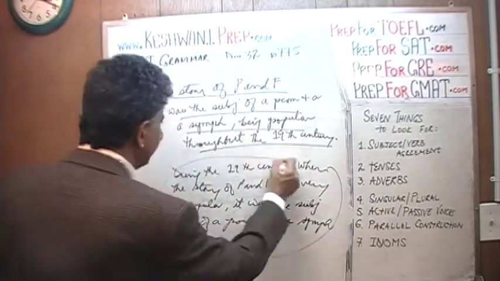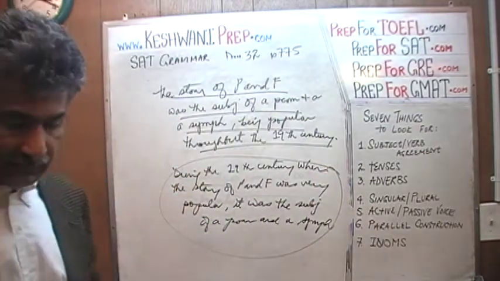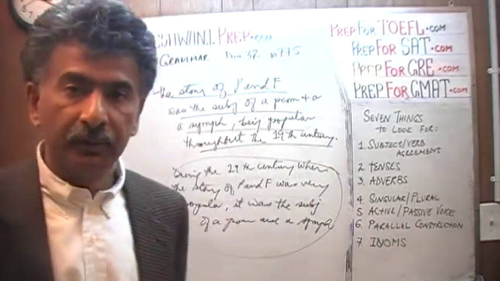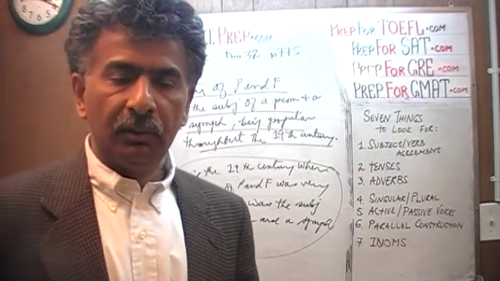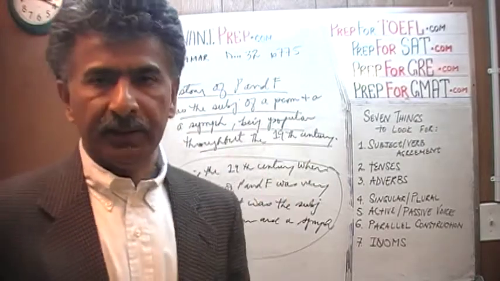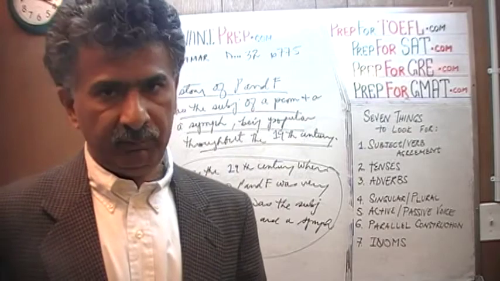Now we are not claiming that this is exactly how the correct answer is going to be written, but this is enough for us to be able to look at the right answer without having to struggle with all the five answer choices.